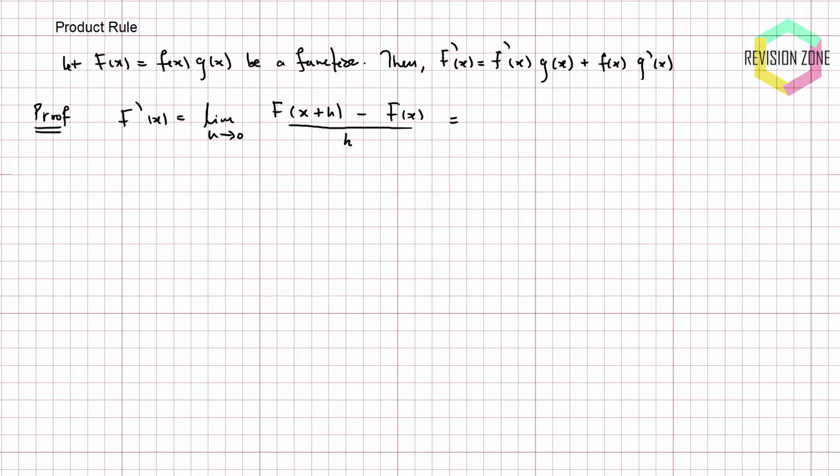But we know what our capital F actually is. Our capital F is fg, so I'm just going to put fg in and see how this comes out. So it's still divided by h, and the limit is there for now.